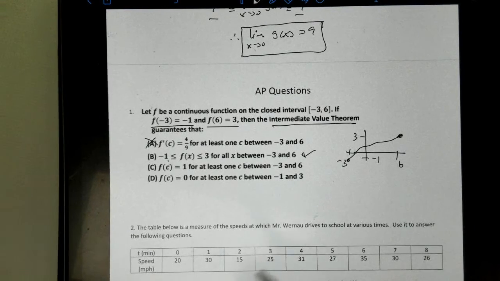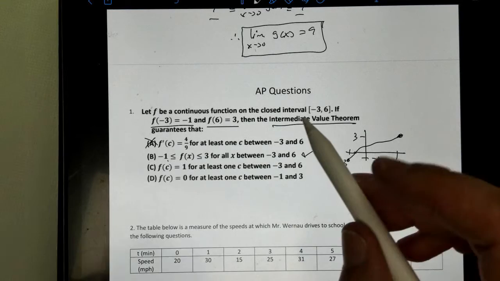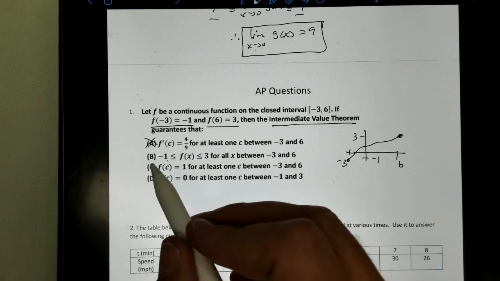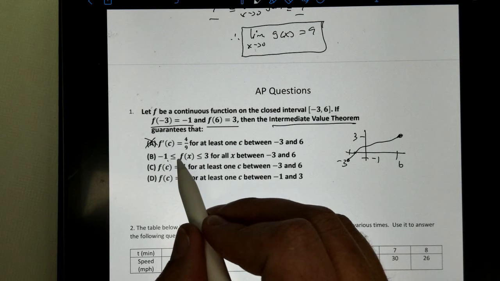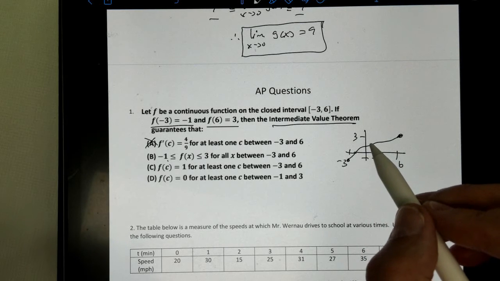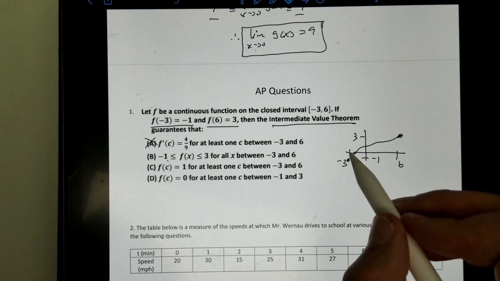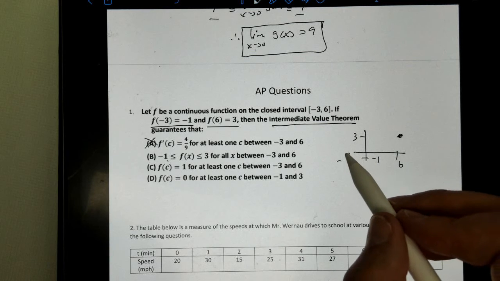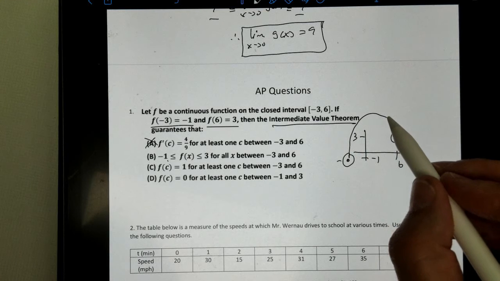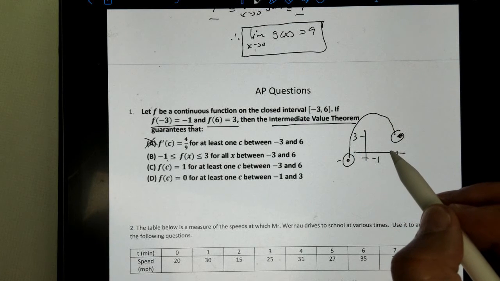So, real quickly, I messed up on B, so I'm going to go back and fix that with you. For B, this is saying that all the y values have to be between -1 and 3. Well, not necessarily. We just know the start and end point. I'm starting down here and I'm ending up here. The graph could look something like this.